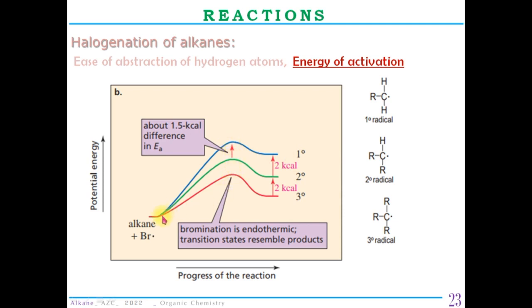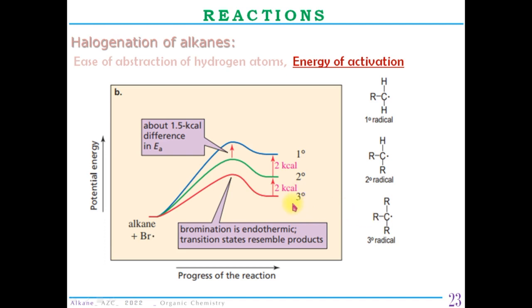So we can say that to reach the transition state to get tertiary radical, we need less activation energy. So we need lesser energy to generate tertiary alkyl radical.